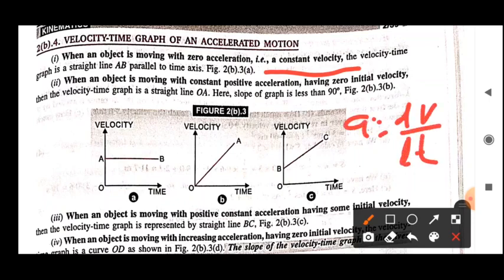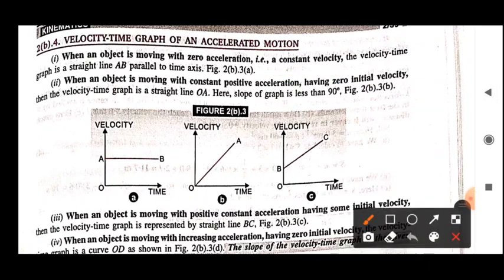Then if a is equal to 0, it means that dv by dt is equal to 0, and if you integrate, then v comes to be constant. So it means that if velocity is constant or acceleration is 0, then with time the velocity will not change. So this is the constant velocity graph here for the first time. It means if there is 0 acceleration, then the graph will be of this type.